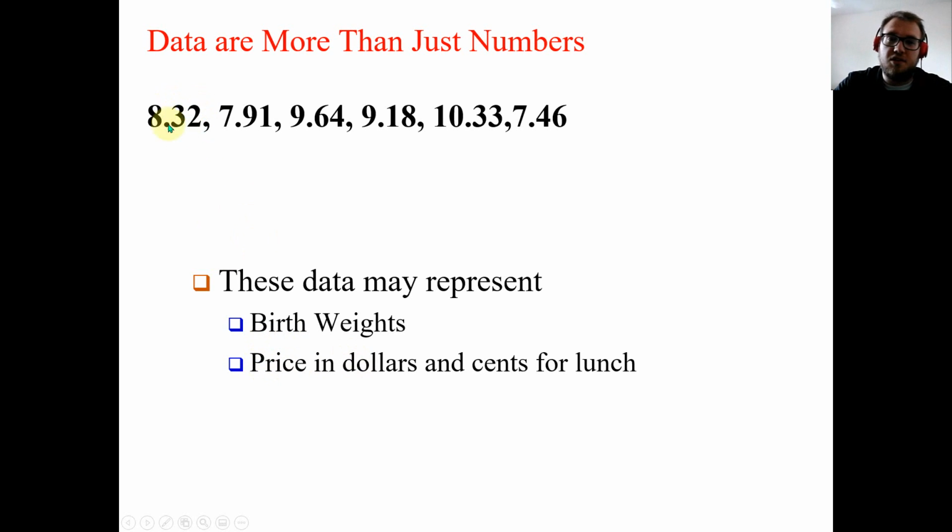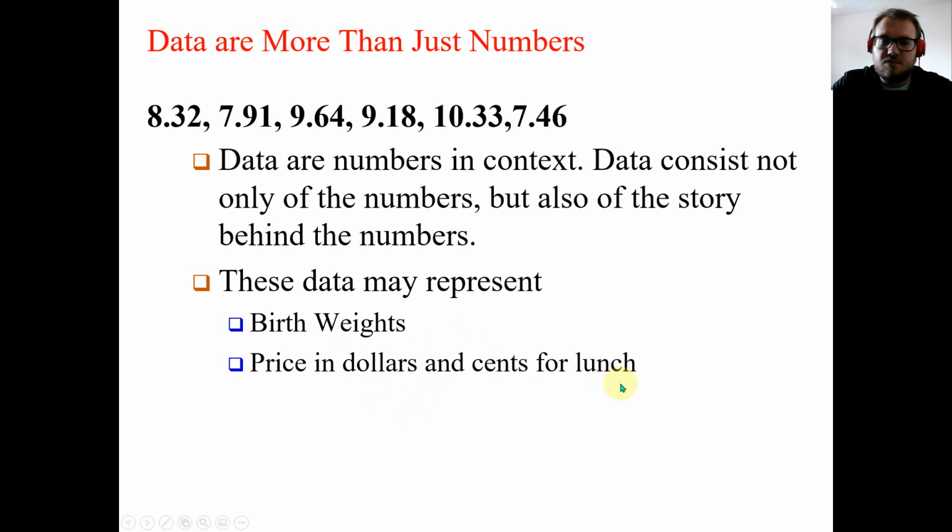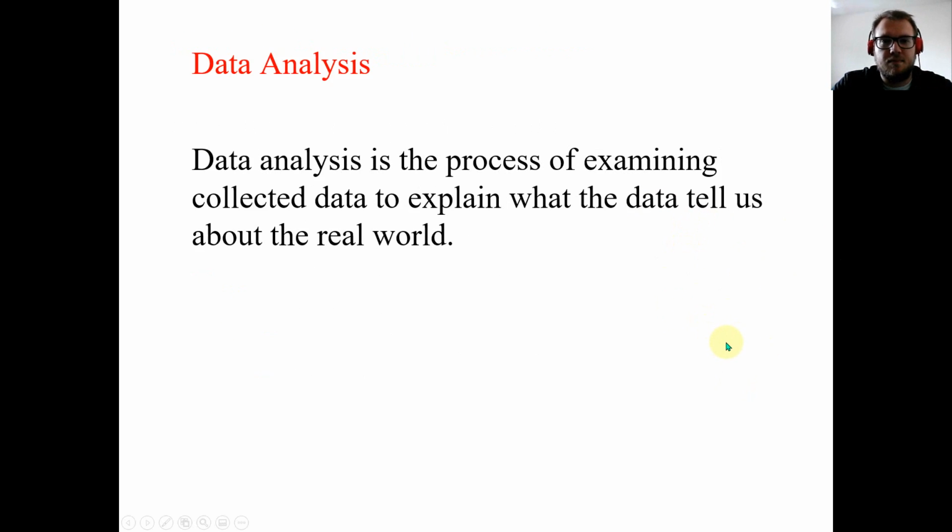Or this could be the $8.32 you spent on whatever lunch you bought at the cafeteria today. So data is numbers and context. Looking at the data, you also have to know the story and context behind these numbers. They're not just random numbers spit into a data sheet for you.